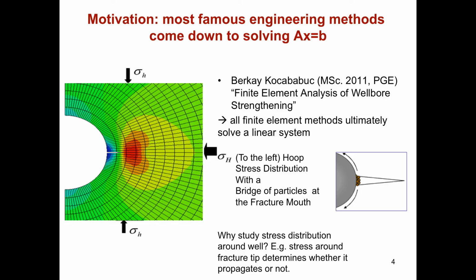These stresses are orthogonal to each other. There is a vertical stress that is basically the overburden on top of me. And then there are 2 horizontal stresses, and we call them typically sigma H, capital H as in maximum stress, and sigma h, small h as in minimum stress that acts in the horizontal direction.